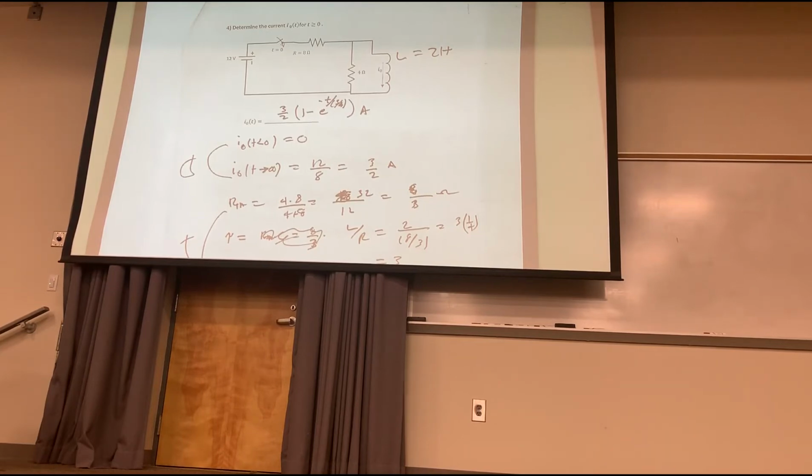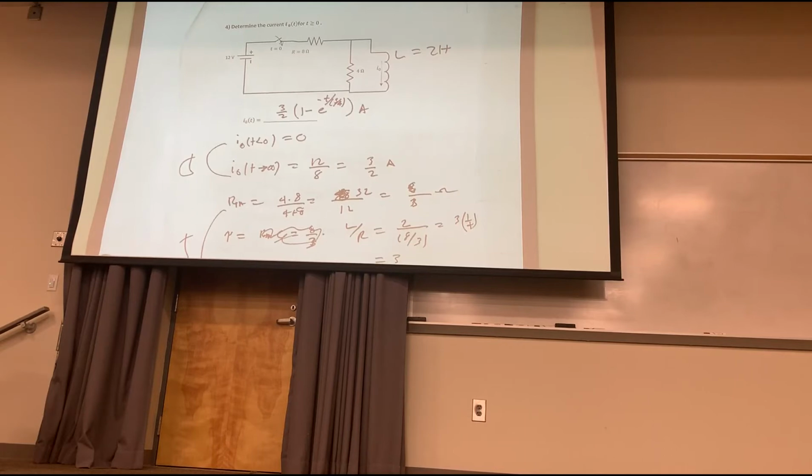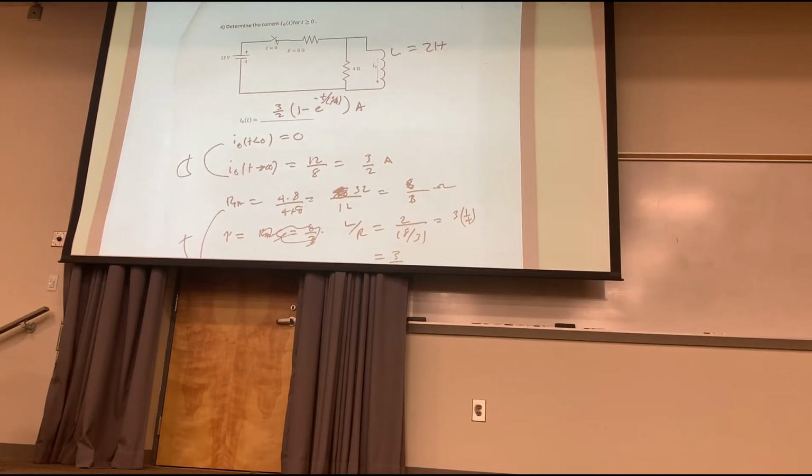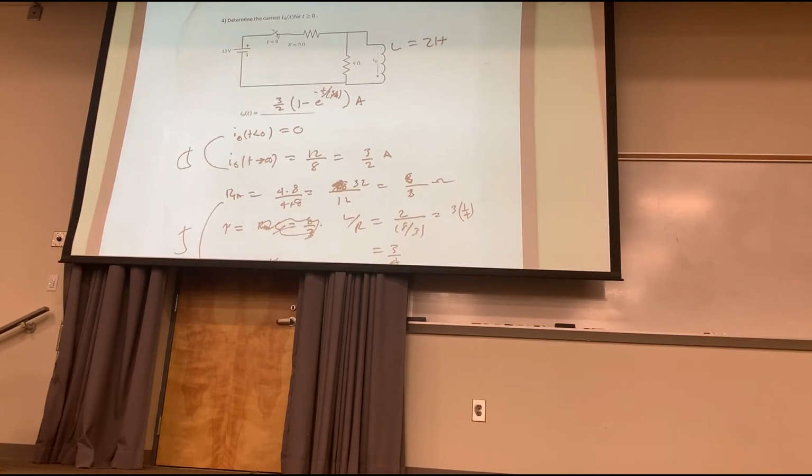All right, so the final form is going to be K1 e to the minus t over tau plus K2. Now K2 is going to be the value of the current as t goes to infinity through the inductor, or 3/2. To get K1, you check the current at t equals 0, which was 0.